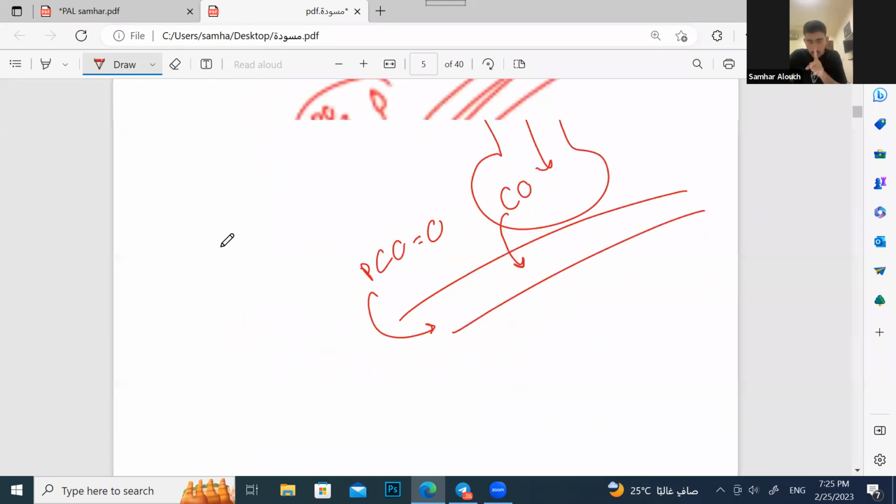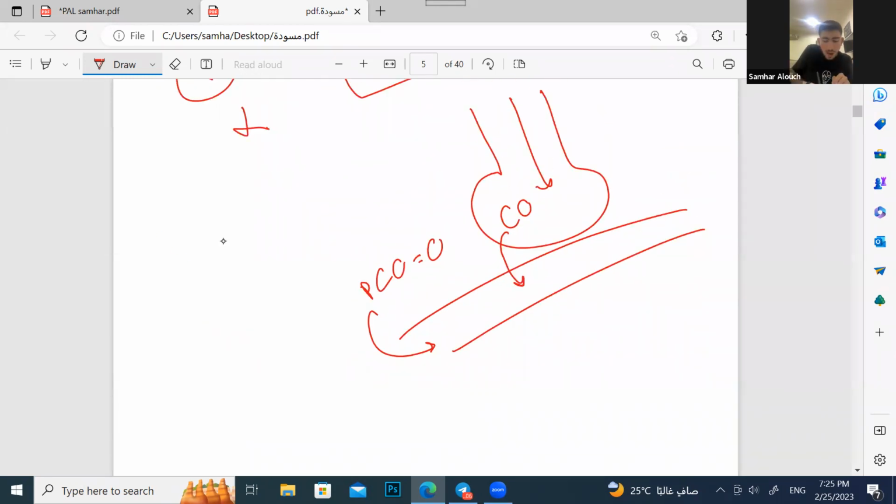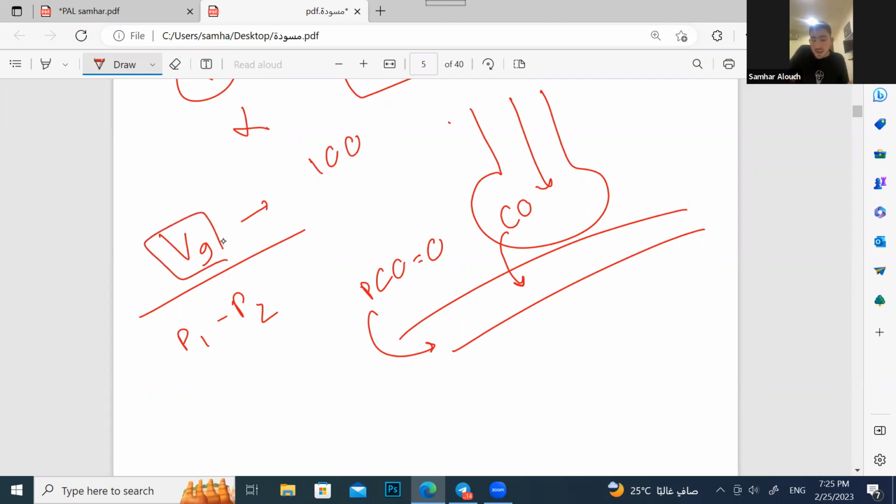So now I know, in the CO situation only, if I put V gas over P1 minus P2, I gave you, let's say, 100 CO. I know what I gave you, so I know V gas. And I can measure the pressure in the alveoli because it's constant, okay? So let's say the pressure in the alveoli is 20. But what is the pressure in the capillary?